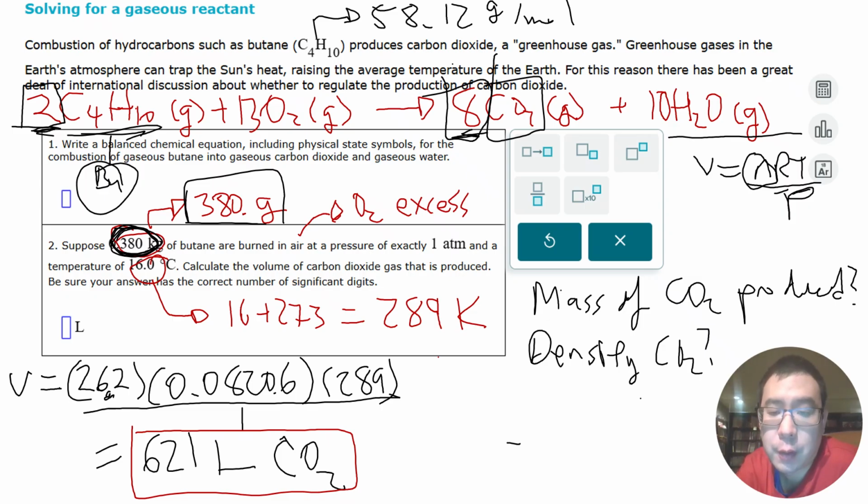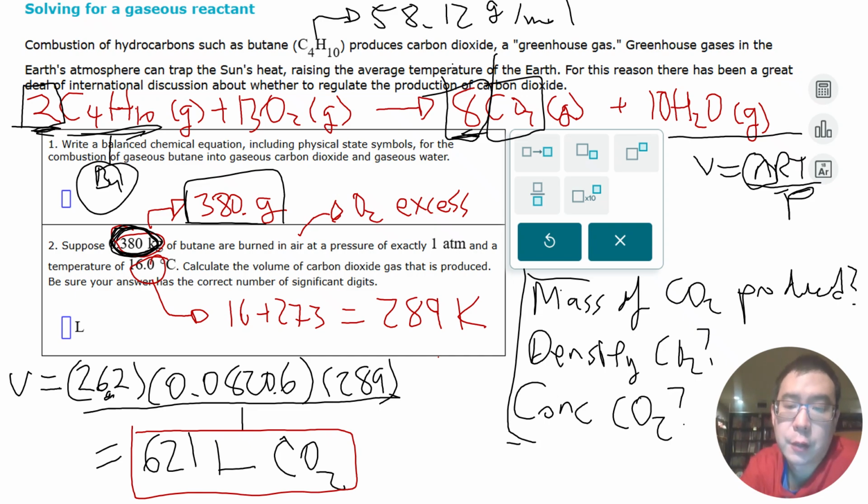And or the concentration of CO2 produced. These are three things that you could think about. And if you have answers that you'd like to check, then email me, and we'll see if you're right.